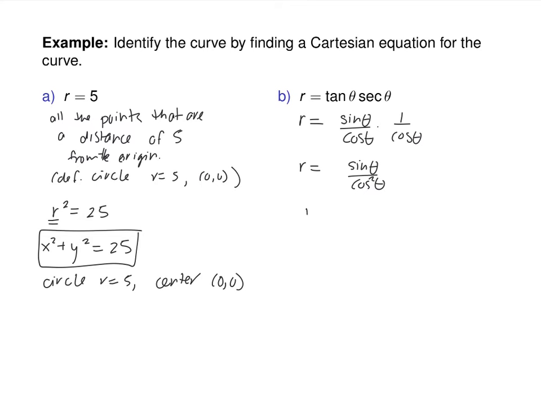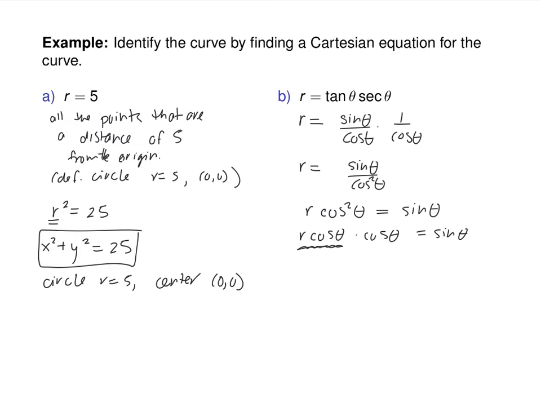And so then r times cosine squared theta equals sine theta. And then we have r cosine theta times another cosine theta equals sine theta. And you can immediately see that this r cosine theta, you could replace by x. But both the cosine and the sine theta would need an r to do that.